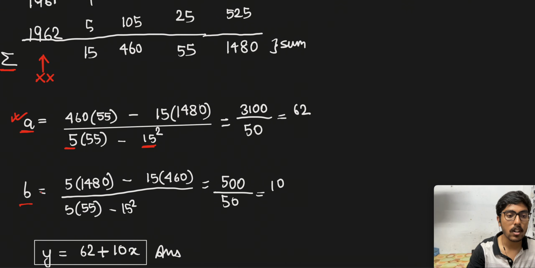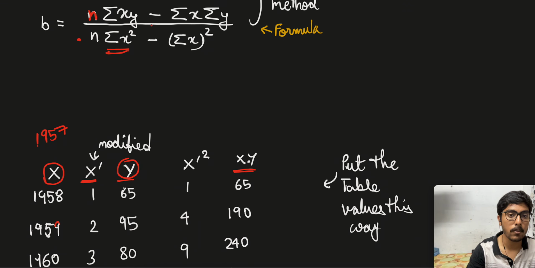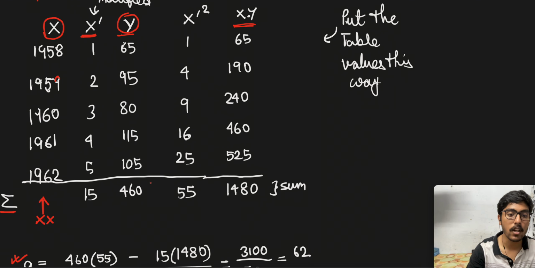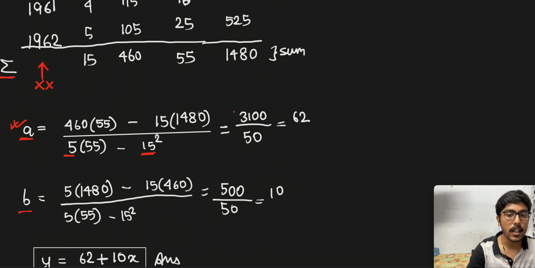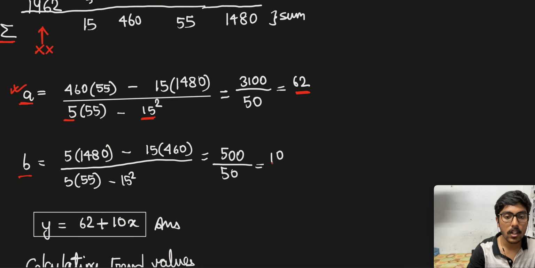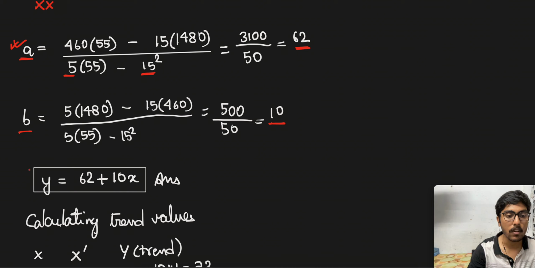Similarly for b we have 5 into 1480 minus 15 into 460, divided by 5 into 55 minus 15 square, just as we saw in the formulas above. So I've just put in the values which we have got here. By calculating we get a is equal to 62 and b is equal to 10. So we put it into the formula which we first assumed, and we get y is equal to 62 plus 10x.